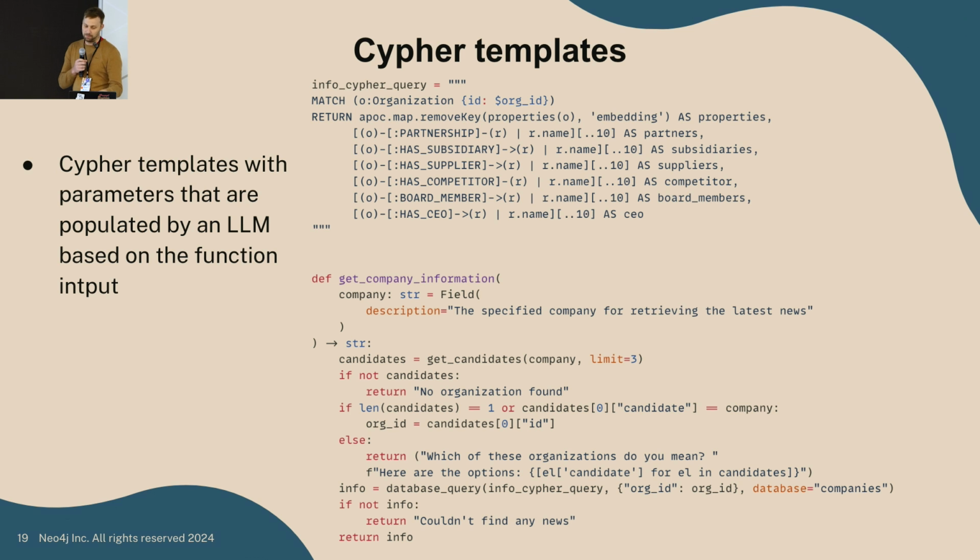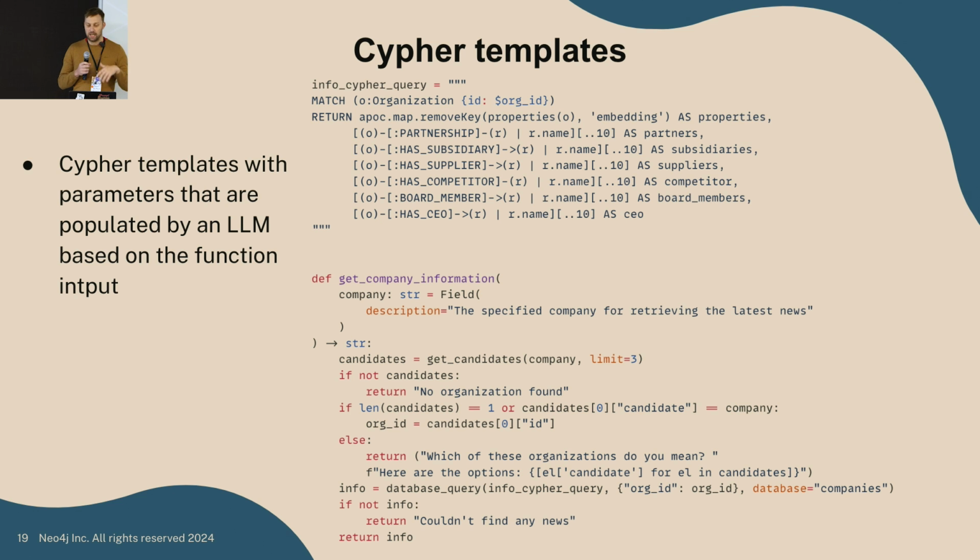So here in this example, we match an organization by its ID, and then we return its partnerships, subsidiaries, suppliers, because we use the same Diffbot graph. And in this case, you just say to the LLM, if you want to find information about the company, you give the description of the attribute, and then we do a little bit of mapping to the database.